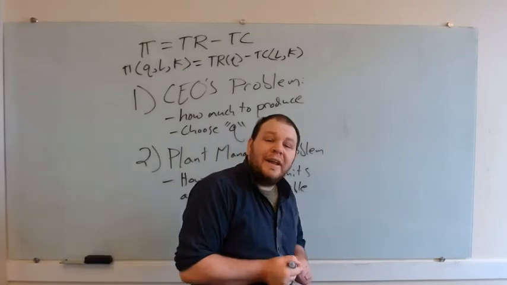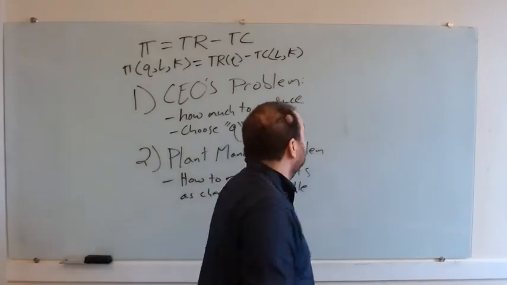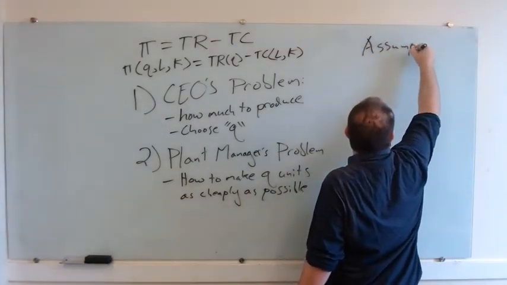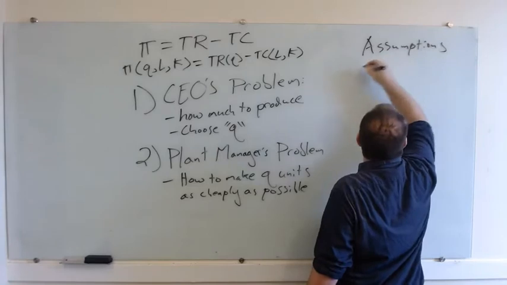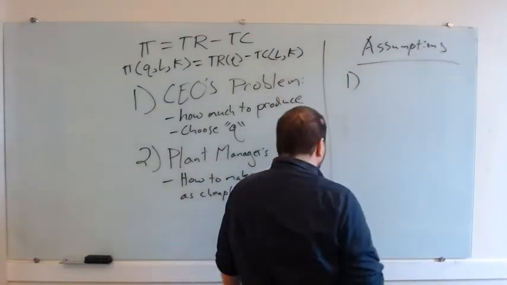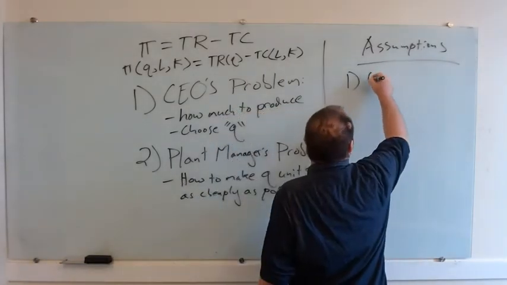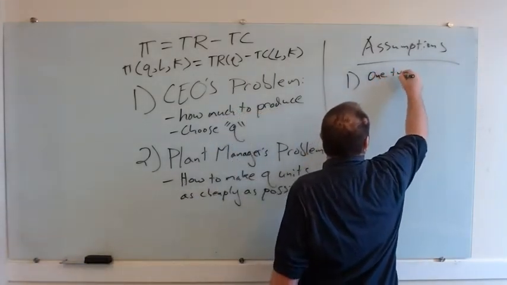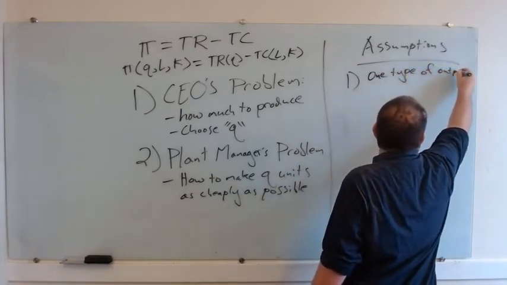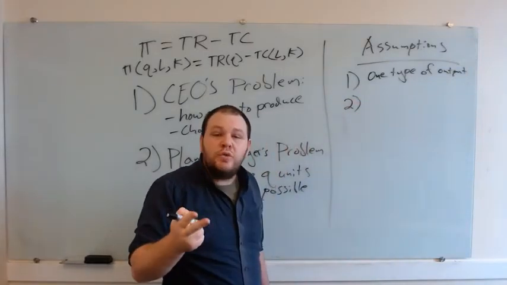Okay, and in order to keep the problem manageable, at least for the time being, we're going to make a couple of simplifying assumptions. So the first assumption, which we've already talked about, is that we're only going to produce one type of output. And second, we're only going to consider two types of input.